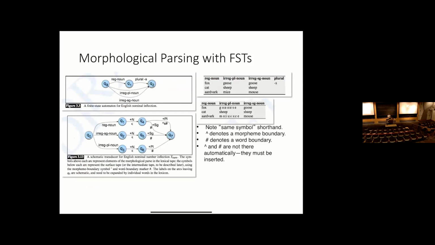Here are some examples from English, which are a little bit contrived because it's English and they're highly simplified. But at the top here in figure 3.3, you have an FSA for English noun inflection. Very simple. You just have pluralization when it's a regular noun. If it's an irregular plural, you have a transition for the irregular plural. It's built into the FST. And for irregular singulars, it's also built in, hard-coded, basically.